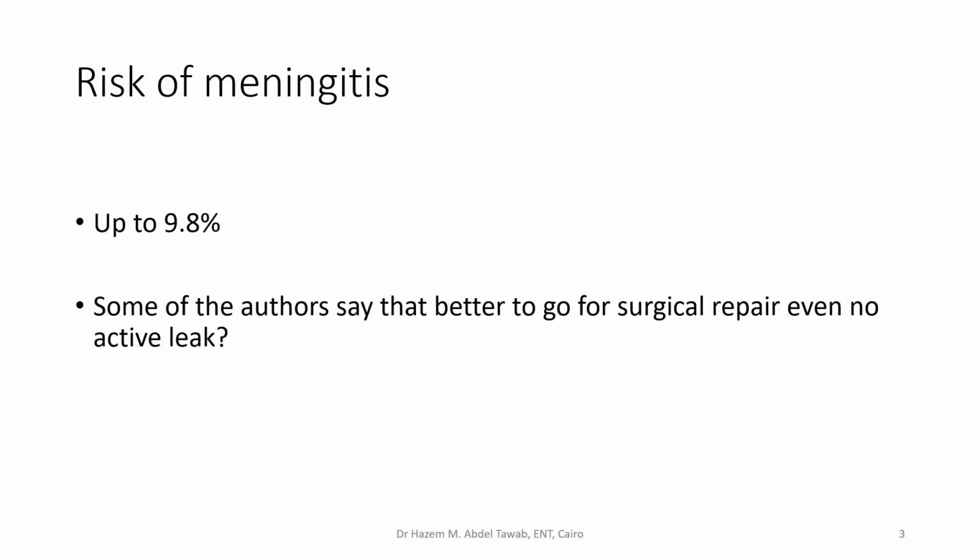Some of the authors say that it's better to do the surgical repair even if there are no active leaks. However, most of the authors say that there is no need to manage the CSF as long as there are no active leaks. But due to the actual risk of meningitis, it's better to go for the surgical repair even if there is no active leak.